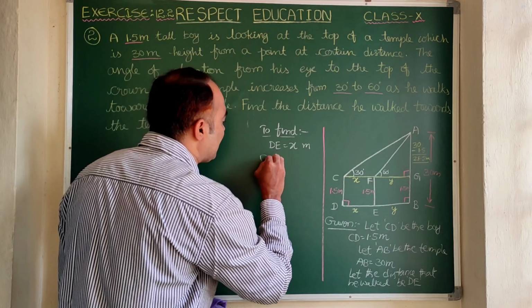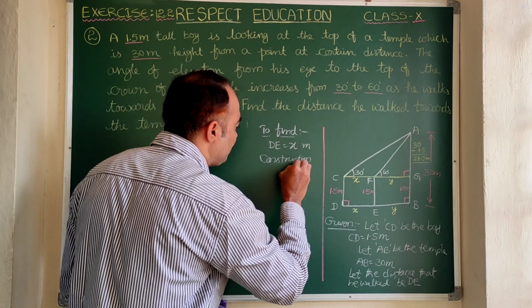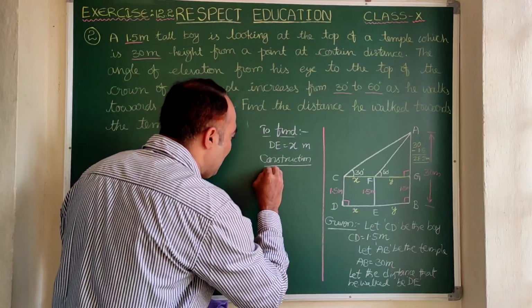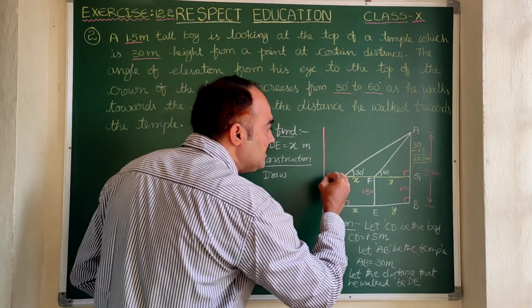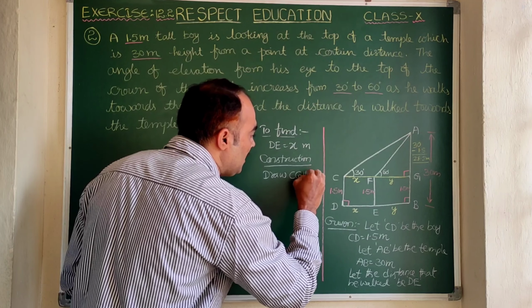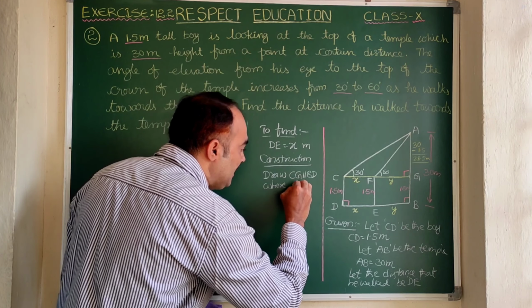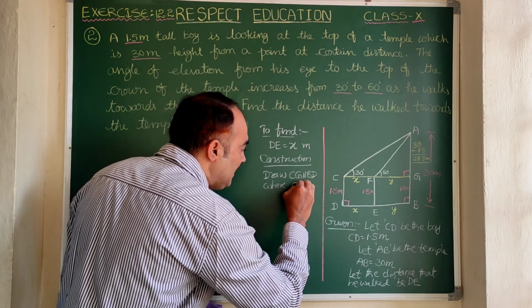Here we can write construction. Draw CG parallel to BD, where G is the point of coincidence.